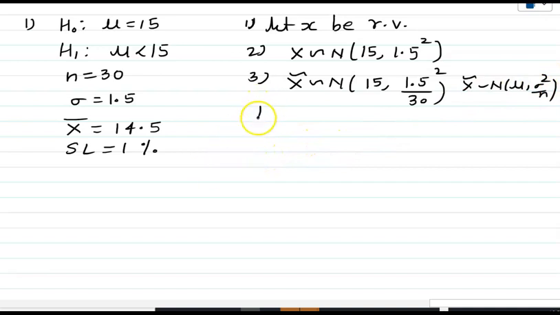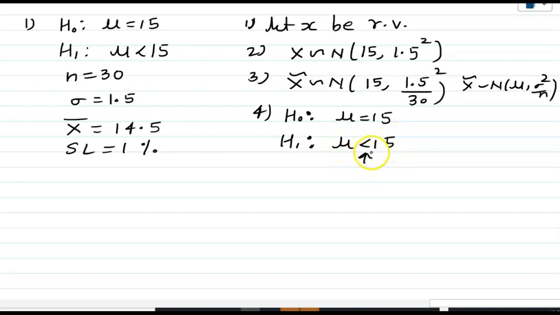Now, fourth point, we need to decide about the hypothesis testing. What is H0 here? What is H1 here? H0 is given, mu is 15, and H1 is mu is less than 15.